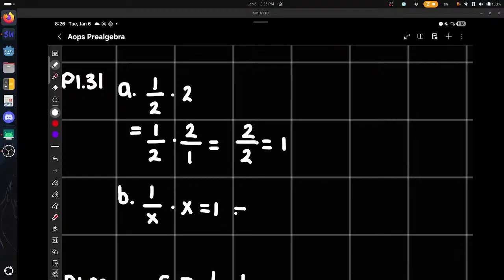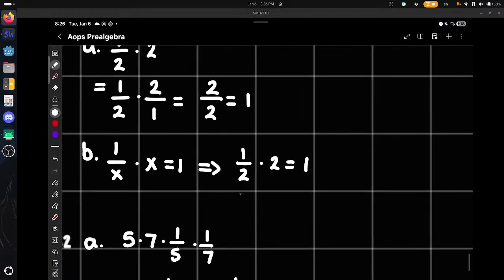So if we just said 1/2, well, what's the reciprocal of 2? 2 gives us that, and then 2 gives us 1.